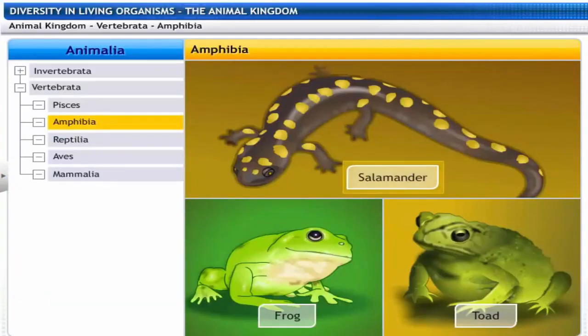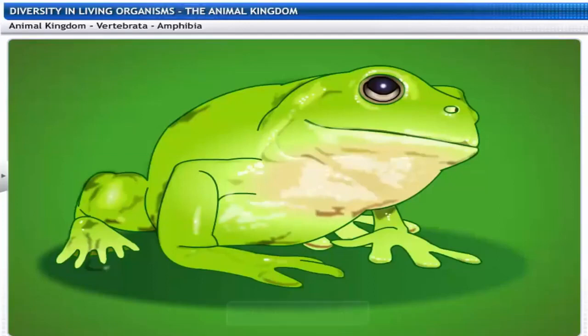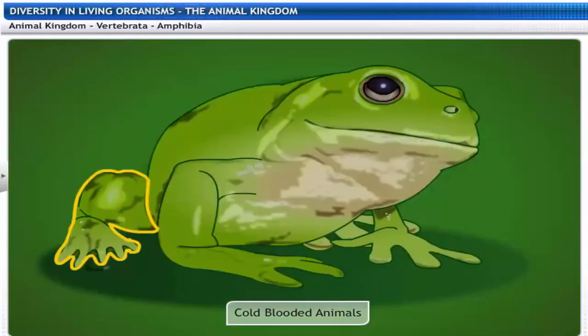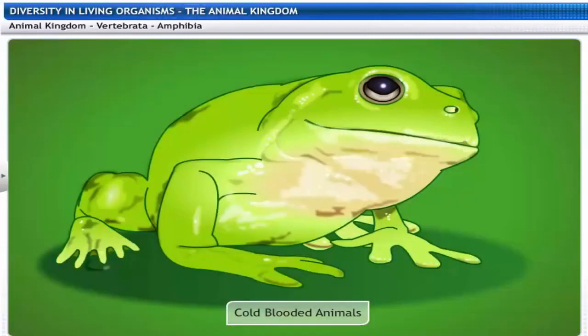Amphibians include salamanders, frogs, and toads. Amphibians are cold-blooded animals. They are the first in the phylum Vertebrates to have 4 limbs, each with 5 digits. Hence they are called tetrapods.